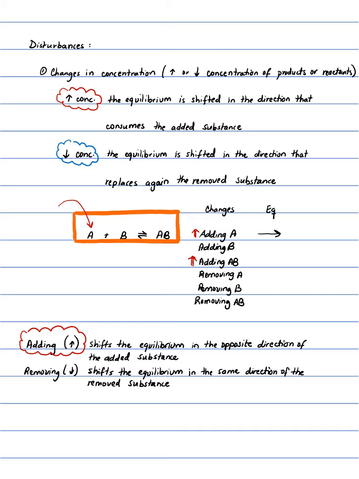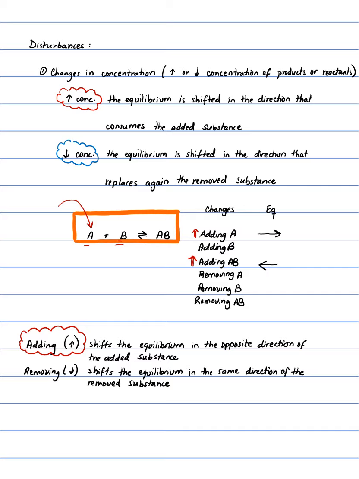For your reaction to use up that amount of AB, it has to be by forming more of what you have on the opposite side, which is A and B. So adding AB, which is on the product side, will shift the equilibrium in the opposite direction.